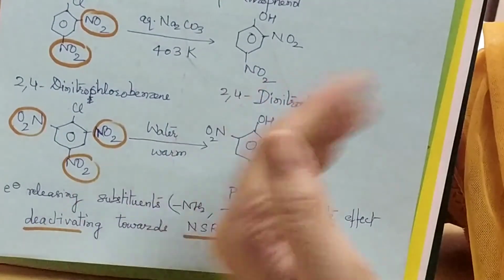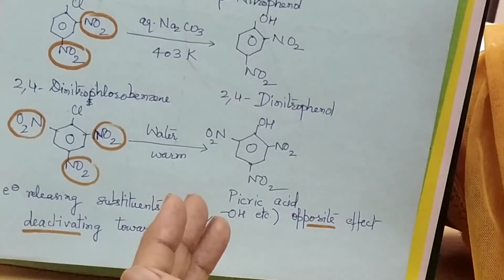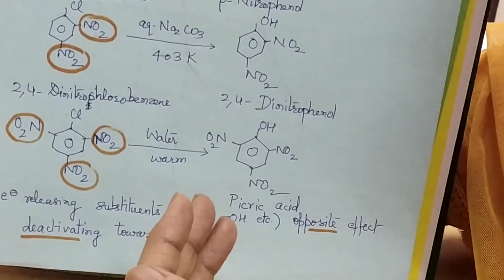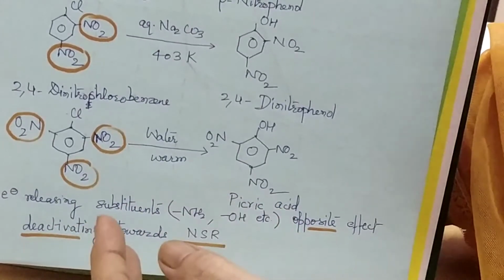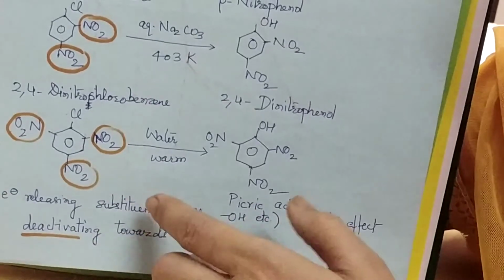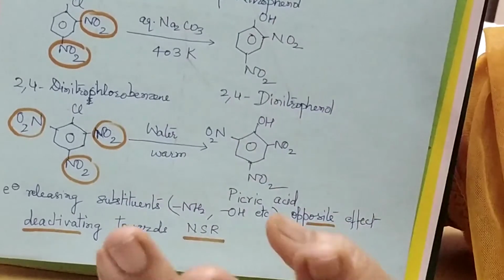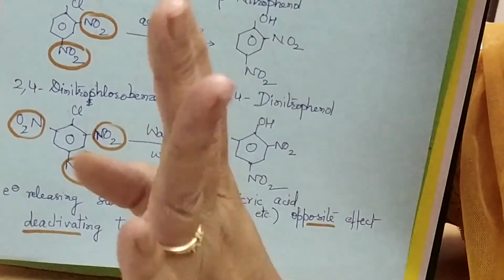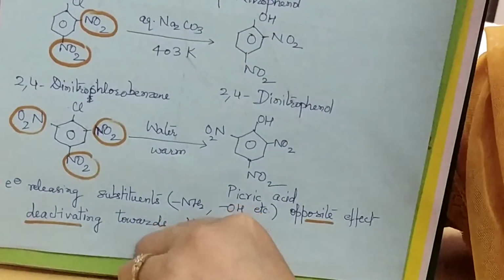Similarly, if I talk about electron releasing substituents, what are these? These are, say, NH2 group or OH group, etc. They are having an opposite effect on the reaction and they are the deactivating groups.